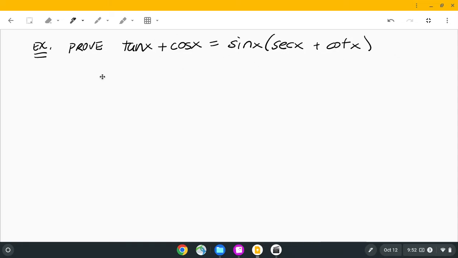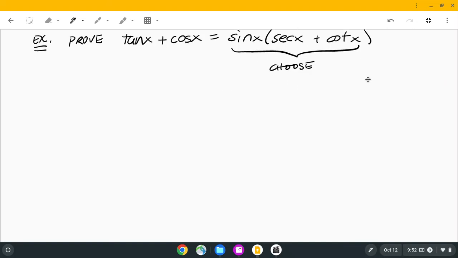You could probably take this and somehow manipulate it until it looks like the other. I think I'm going to go with this side, but you could go with the other side. Maybe you can at home choose this side and see if you can get it to look like this side.